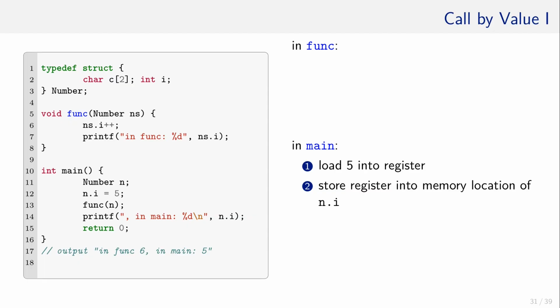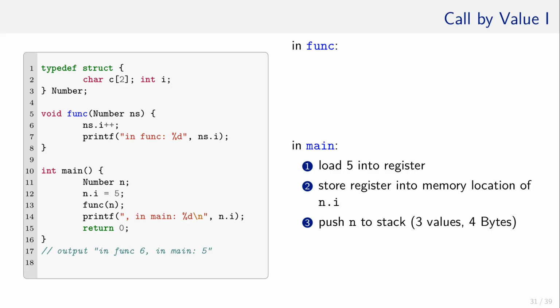Now we reach the function call. Since the function call expects a struct as parameter, we give it our struct number. That means that the entire struct is copied onto the stack. So basically in the memory we have 2 structs with identical values now.